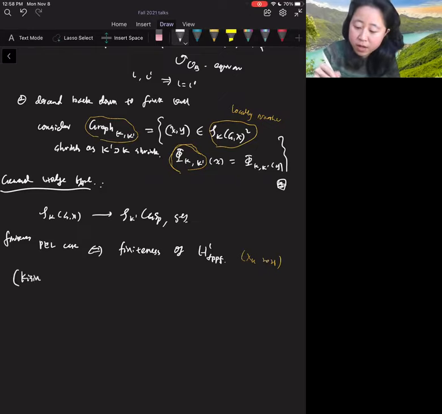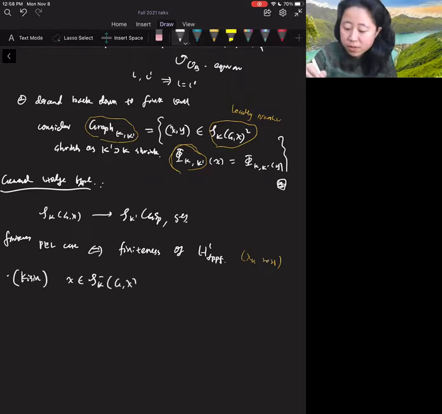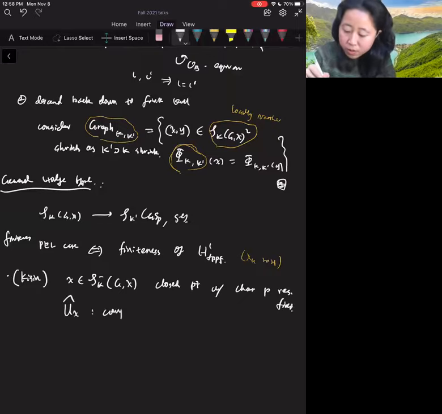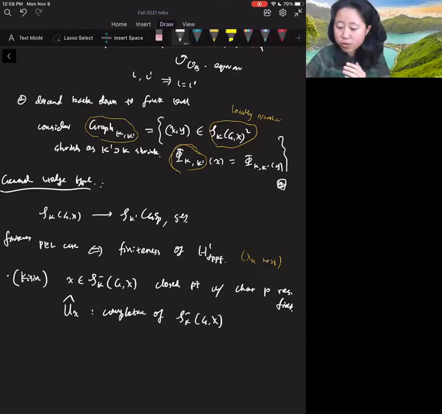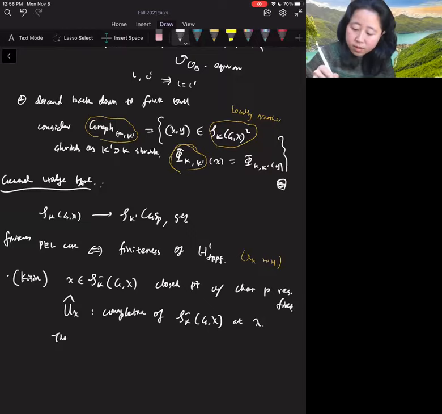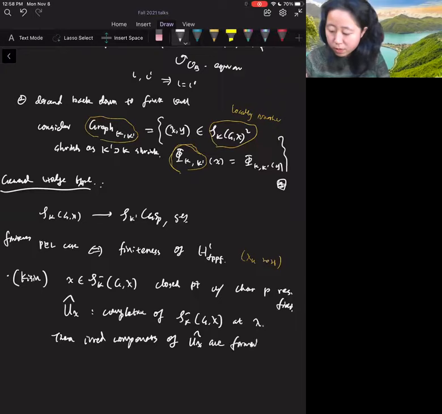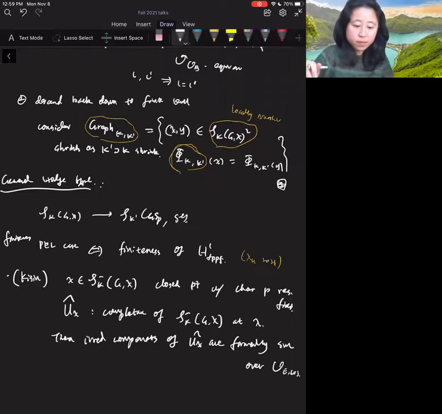So we need to use a key theorem of Kisin's in his 2010 paper about these integral models, which says that if you consider a closed point of the Zariski closure with finite residue field, let's consider the completion, which we denote by UX hat, completion of this closure space at X. Then Kisin proved that irreducible components of this UX hat are formally smooth over your OEV.